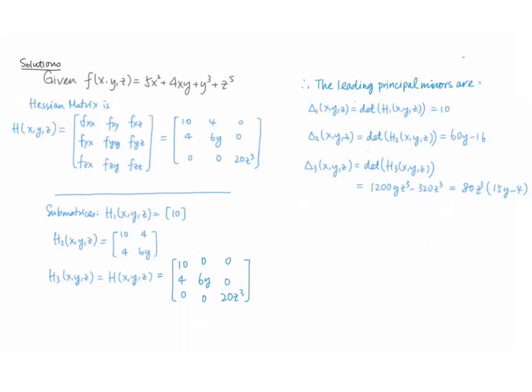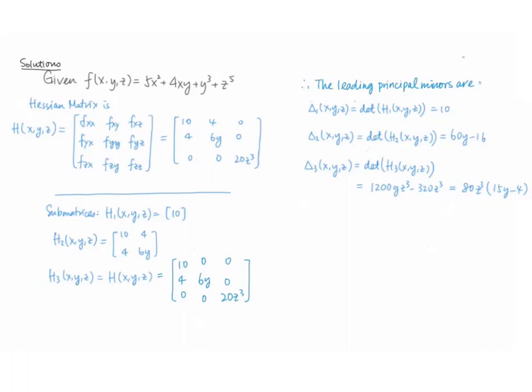The first submatrix is a 1 by 1 matrix H1 taken from the top left-hand corner of H. So this gives a matrix with the entry 10. The second submatrix H2 is a 2 by 2 matrix taken from the top left-hand corner of H. We get this 2 by 2 submatrix.